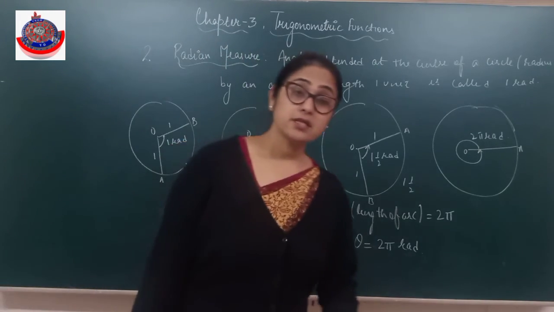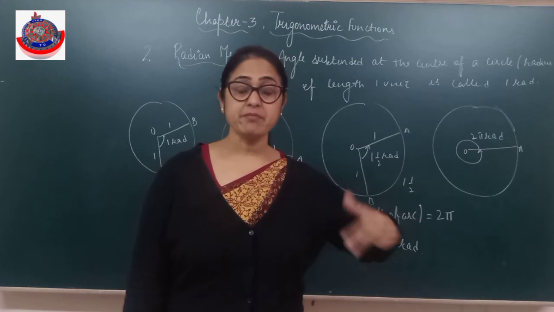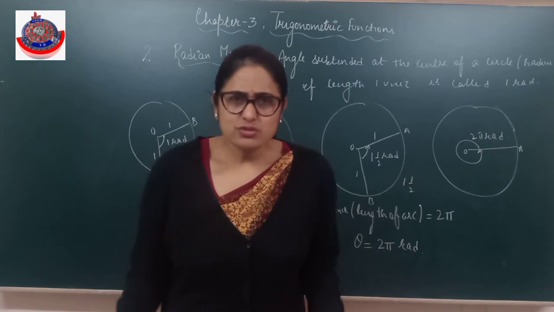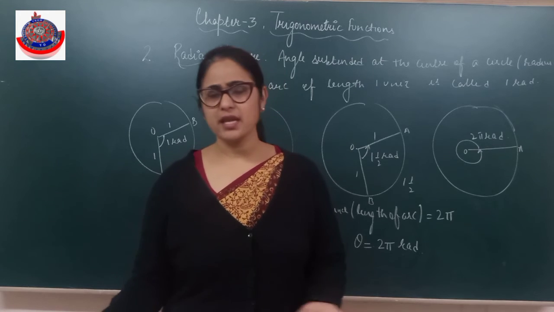Now we have done the measurement of angle in degree and the measurement of angle in radian. But the angle is the same, say 30 degree, or I say it in radian.